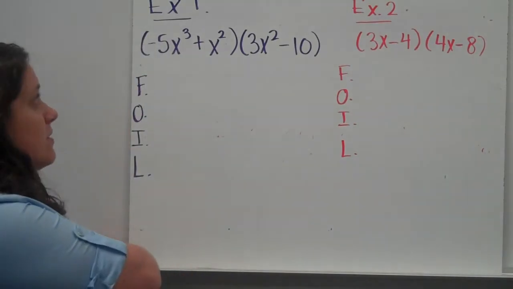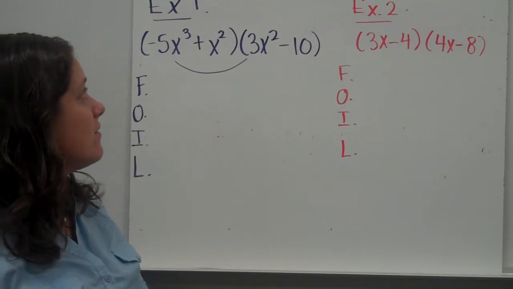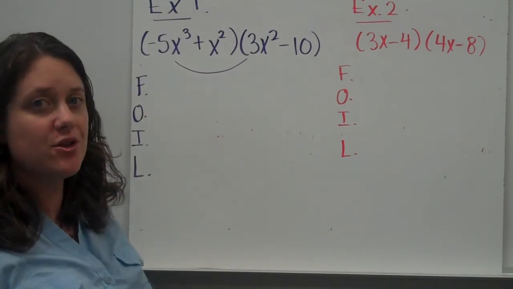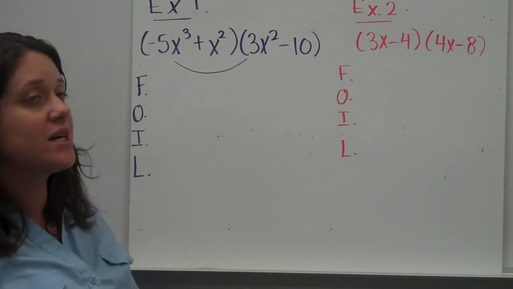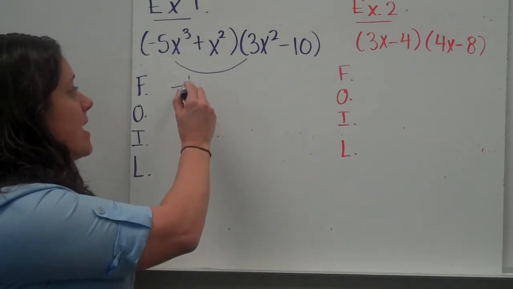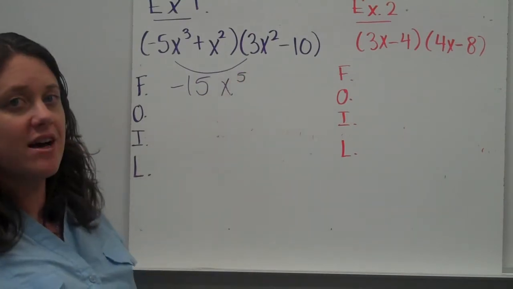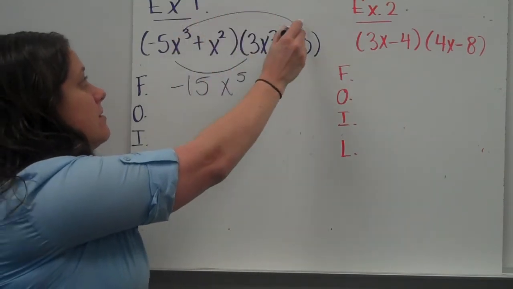Okay, so here's the first one. So my first two terms are going to be negative 5x cubed times 3x squared. So that would be negative 15x to the fifth. Then I have my outside, which would be these two.